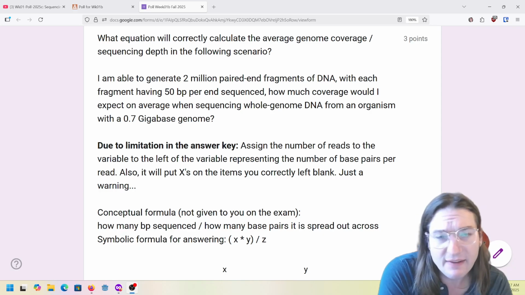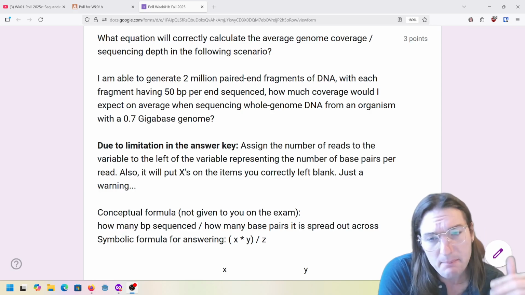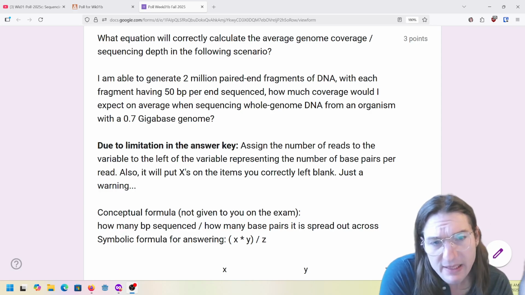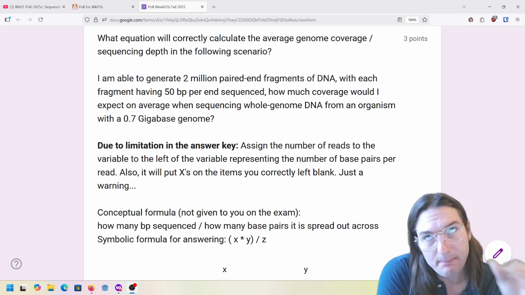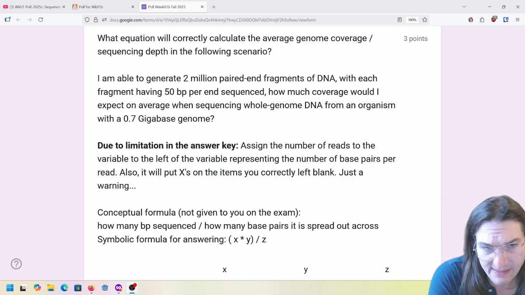So if you put everything in the same unit, 2 million times 100 would be 2 times 10 to the 6th. Mega, millions, is the way to remember that. And then times 100. And then that would be divided by, well, if mega is 6, then giga is one level above that in our metric scale. So that would be 10 to the 9th.